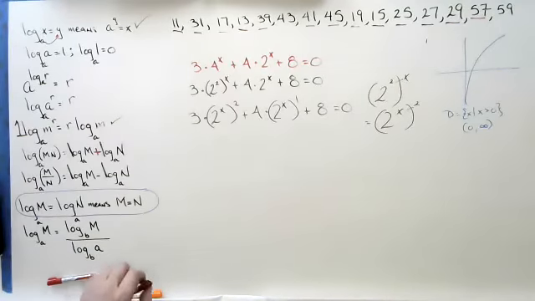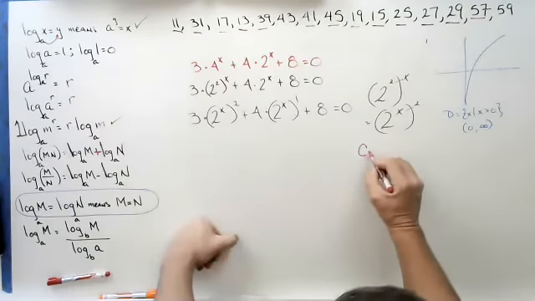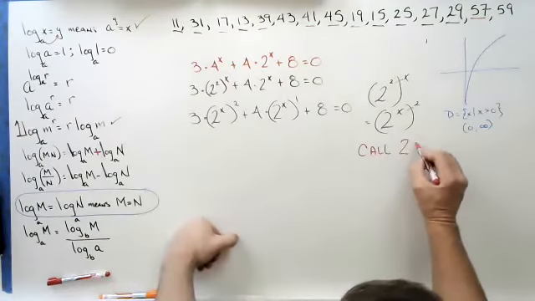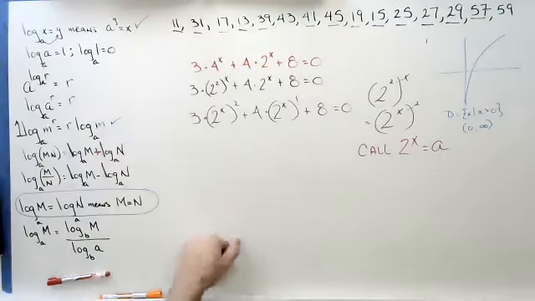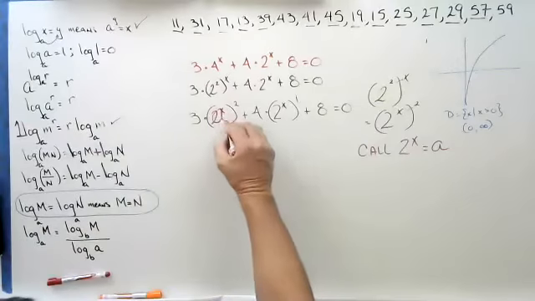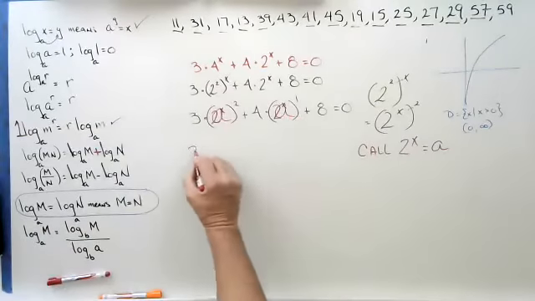Now I'm going to come over here and I'm going to go like this. Now I'm going to put an A right here and an A right there. And look what I get.